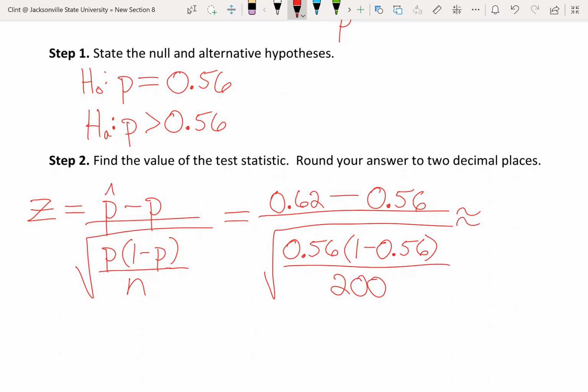These are Z's, so we'll round to 2 places. So let's see, I get 1.71 after we round. That's 1.709.